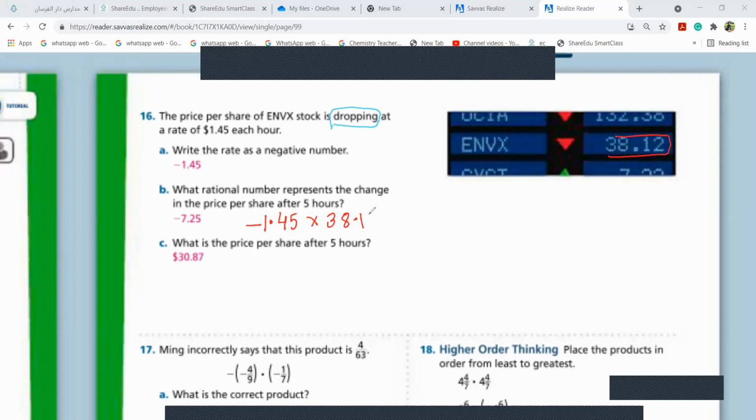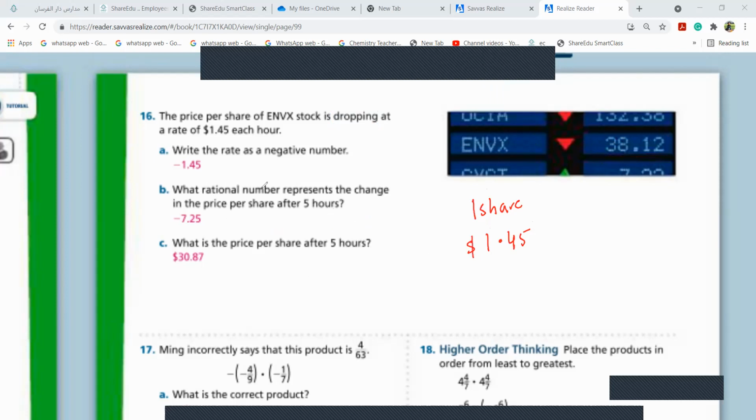Let us do some multiplication here. The price per share for 1 share is $1.45.